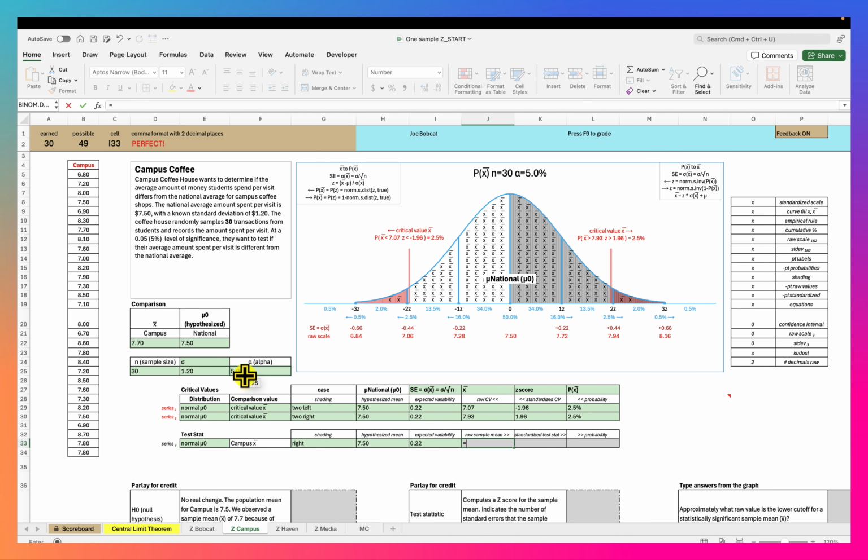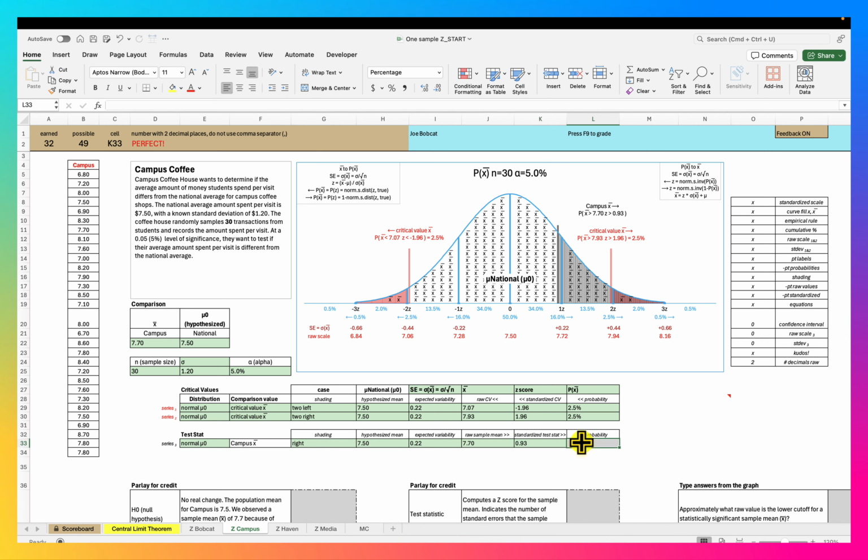We've got the raw sample mean, which is this number. And now we are going from x bar to p of x bar. So the z-score, you can see it there, is x bar minus mu divided by sigma x bar, which is also the standard error. So that's going to be x bar, which is the sample mean, minus mu, which is the population mean, divided by the standard error.